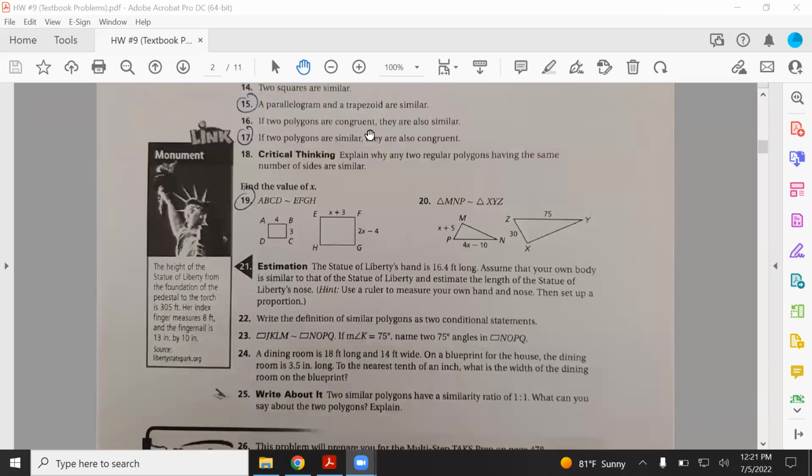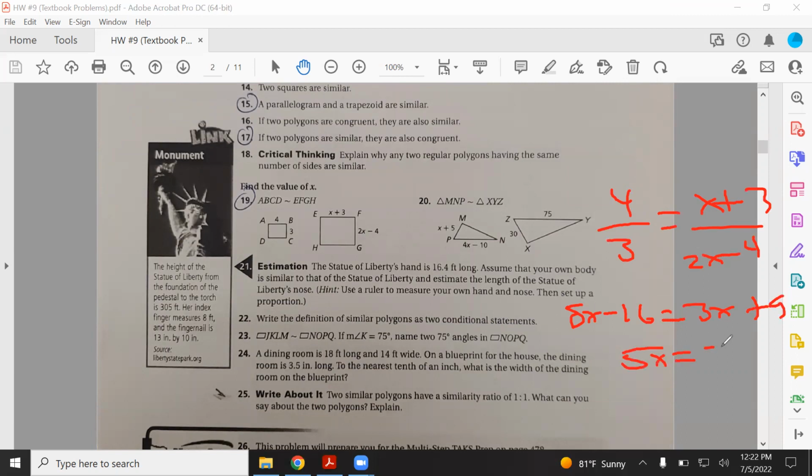19, if we work that one out, again, 4 over 3 equals x plus 3 over 2x minus 4. So 8x minus 16 equals 3x plus 9. 5x equals 25. X is 5, which makes sense because that would be 8 and 6.